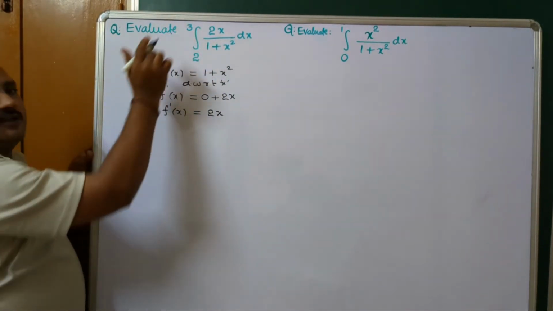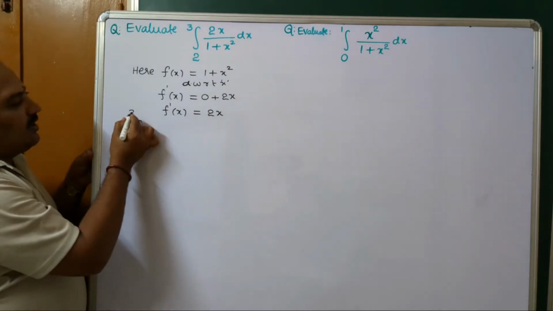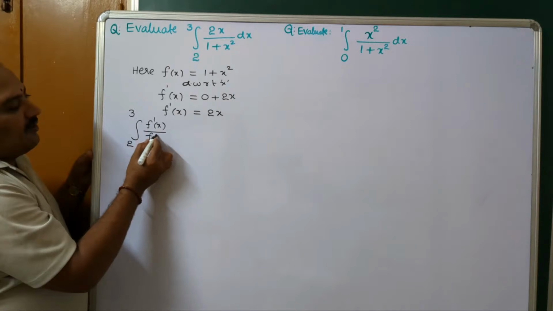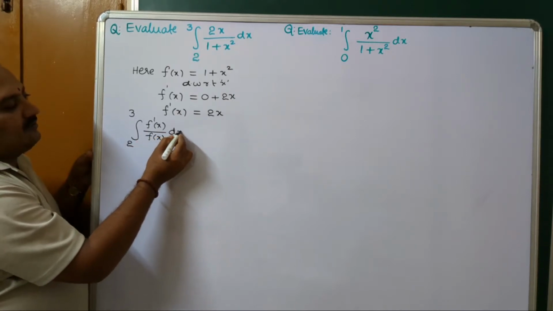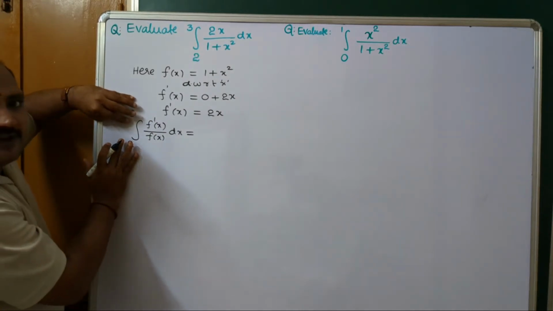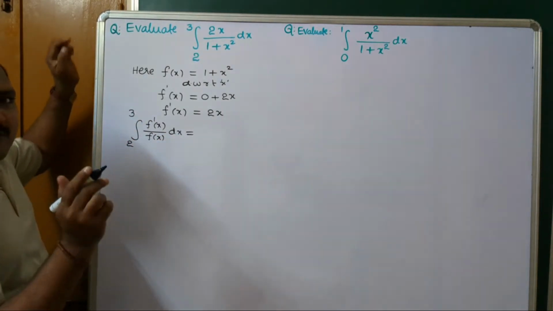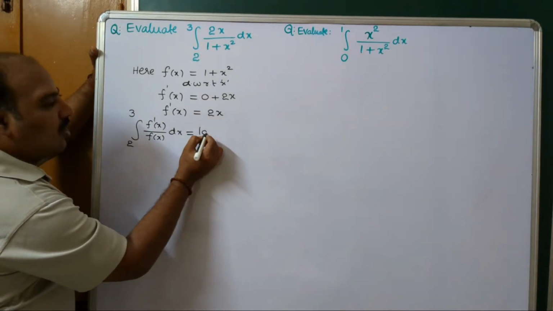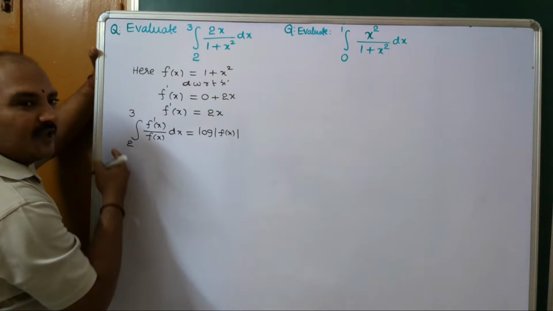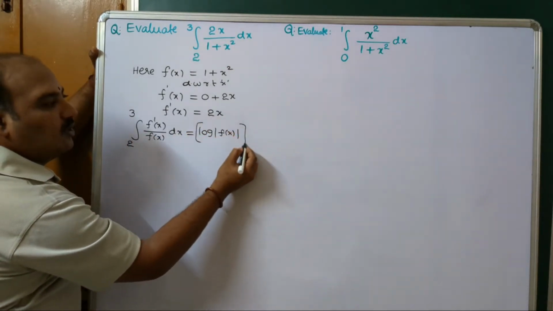So it becomes the formula form: integral, with the limits as they are, 2 to 3 of f dash of x by f of x dx. Without limits, the formula is integral f dash of x by f of x dx is log mod f of x. Wherever limits are there, you can apply them without writing plus c.